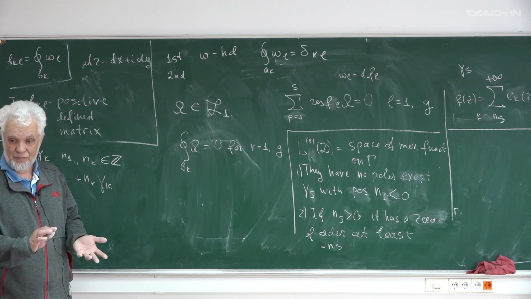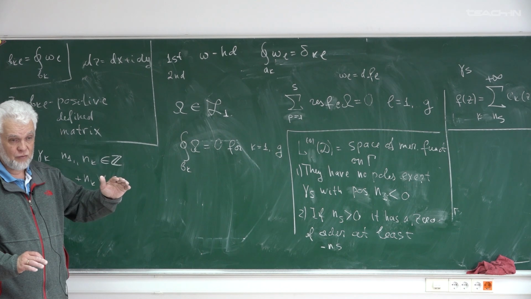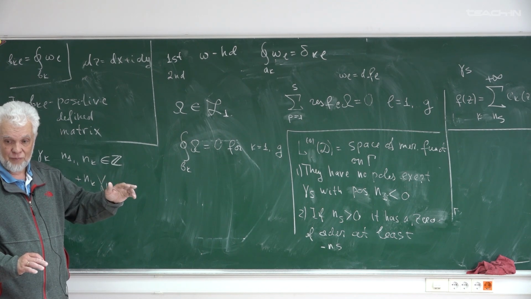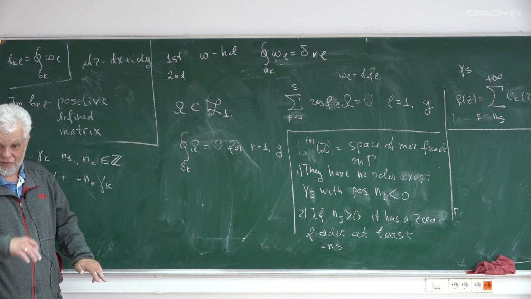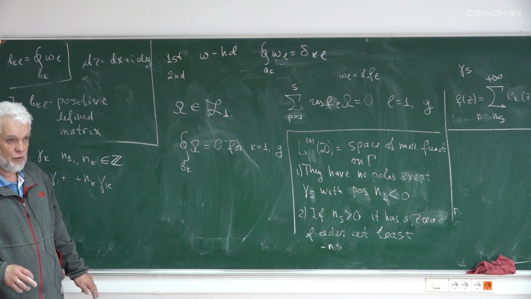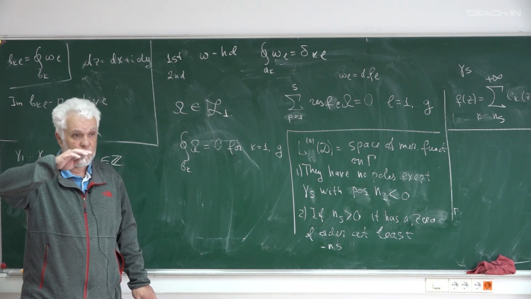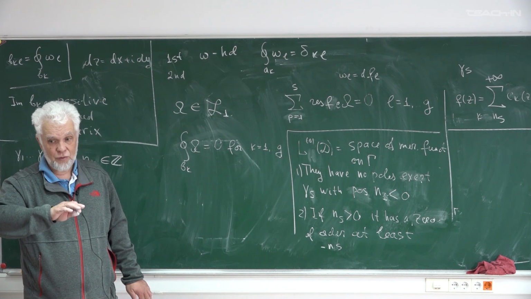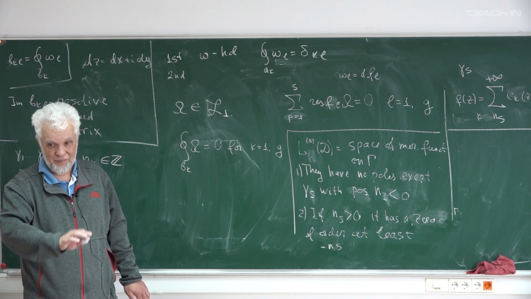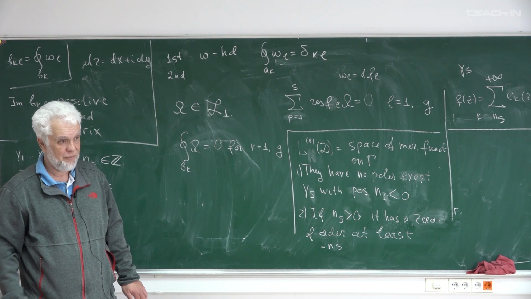It's permitted. But it's not permitted to have a first order zero. It's an inequality again. So the pole is not more than, and the zero not less than, you understand? You have this upper boundary.